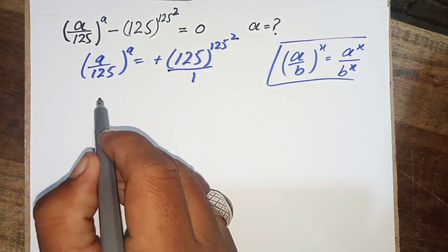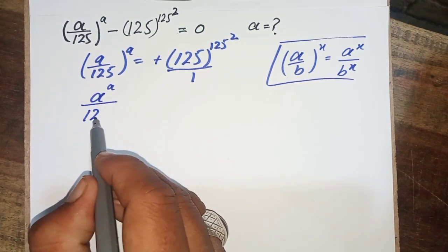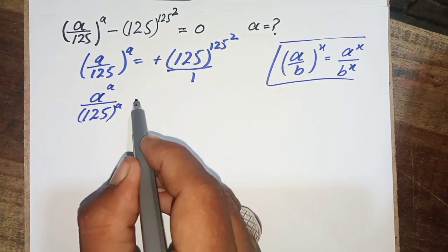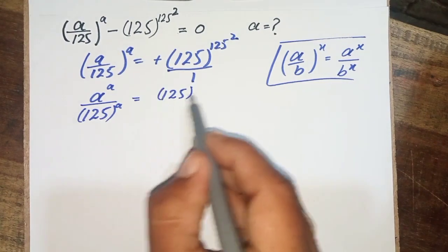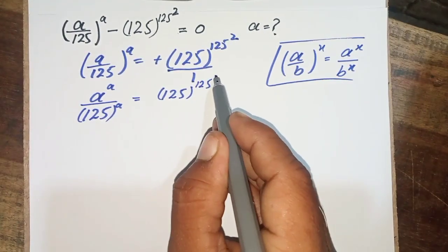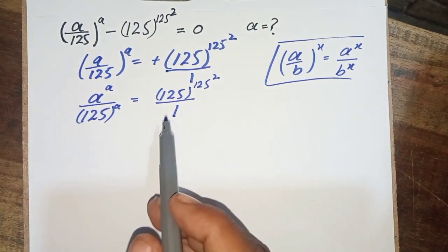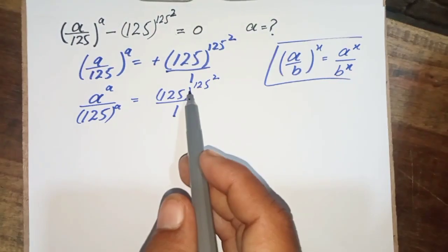Now we can write this equation as a^a over 125^a, which is equal to 125^(125^2) over 1. Now we take this 1 to the right side and it will be multiplied.